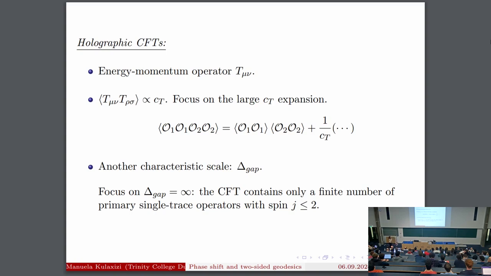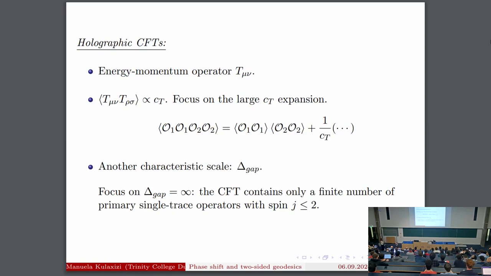We assume it contains only a finite number with spin smaller than or equal to 2. In fact, this has been shown to be a necessary condition for the theory to have, to leading order, an Einstein gravitational dual description.